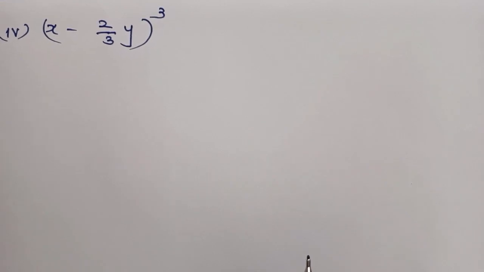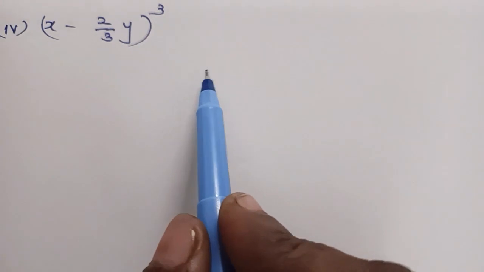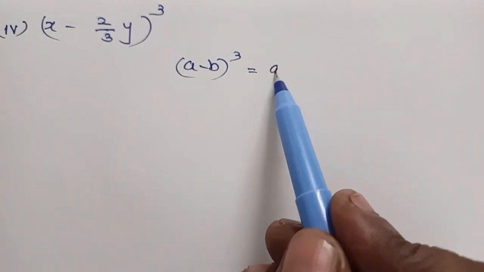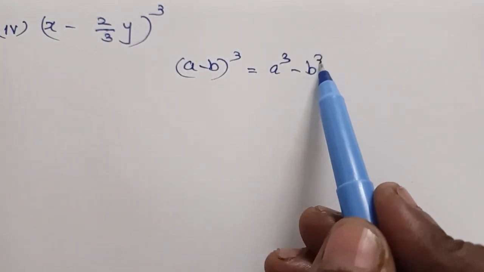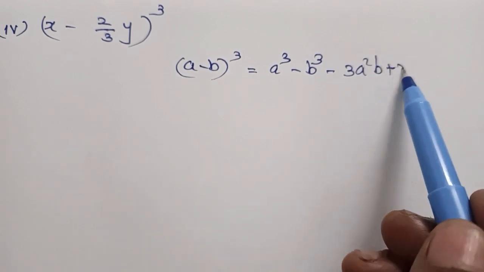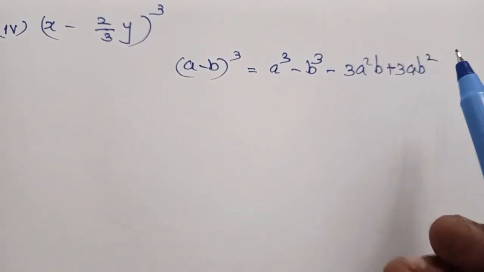Fourth question, (x − (2/3)y)³. Again write the identity. We are using here (a − b)³ equal to a³ − b³ − 3a²b + 3ab².